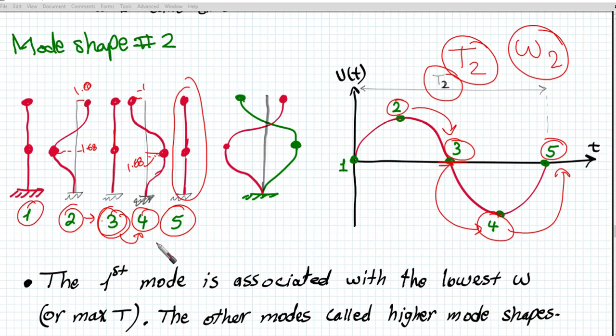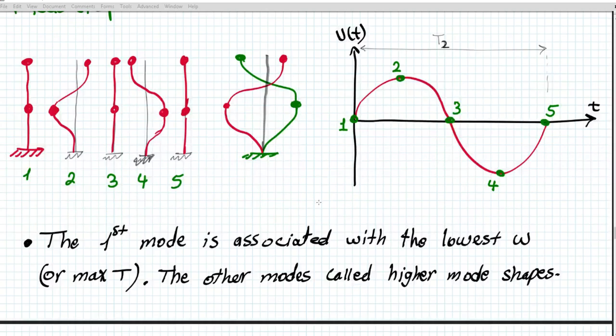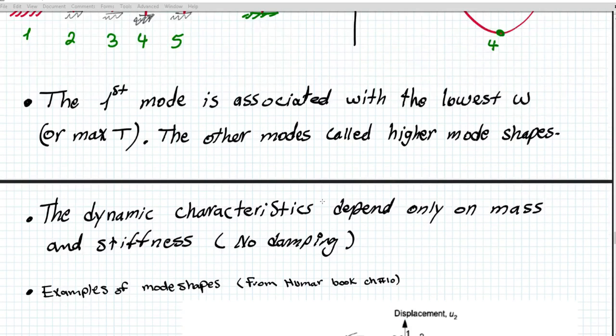Okay. So as you can see here, these are the masses. They are moving at the same time. They are reaching the maximum amplitude at the same time and passing through the equilibrium position at the same time. Okay, so this is the meaning and the representation of the frequencies.